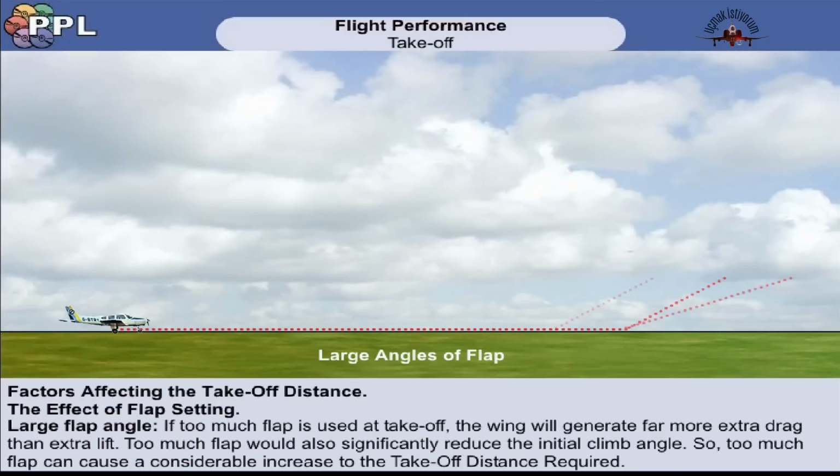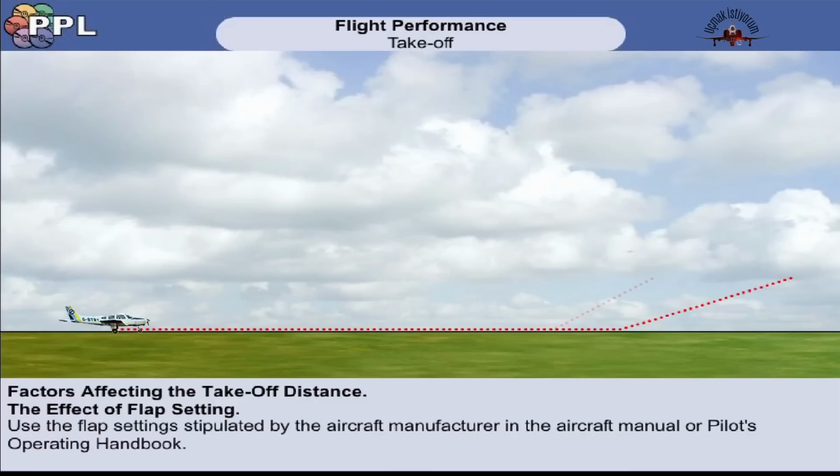However, the effect of flap varies significantly from one aircraft to another. Some aircraft require the use of flaps for takeoff, whilst some don't. Familiarise yourself with your aircraft and use the flap settings laid down by the manufacturer in the aircraft manual.